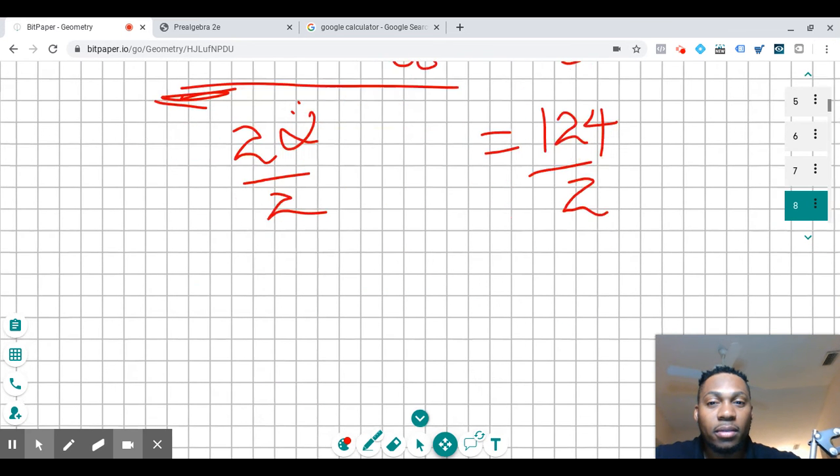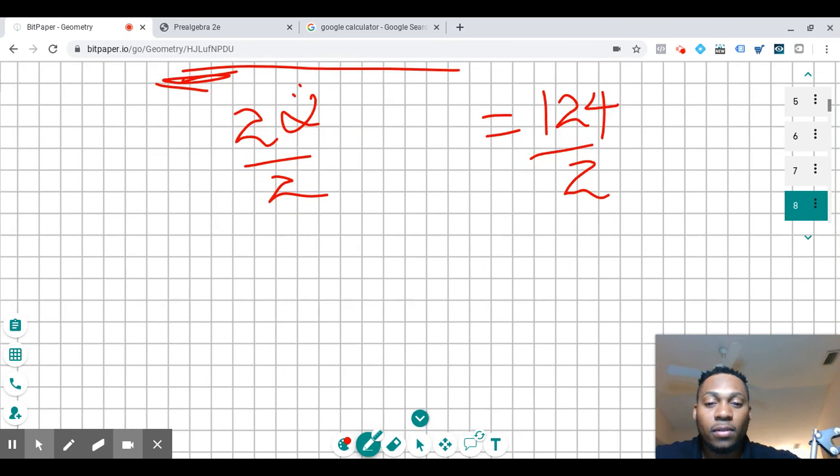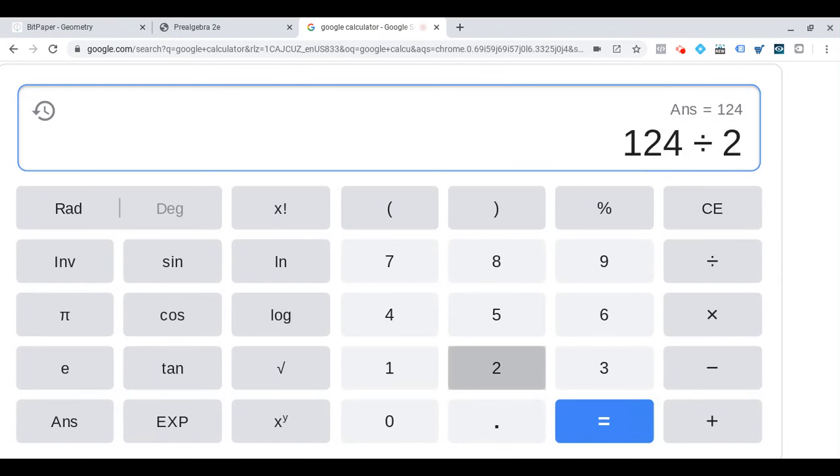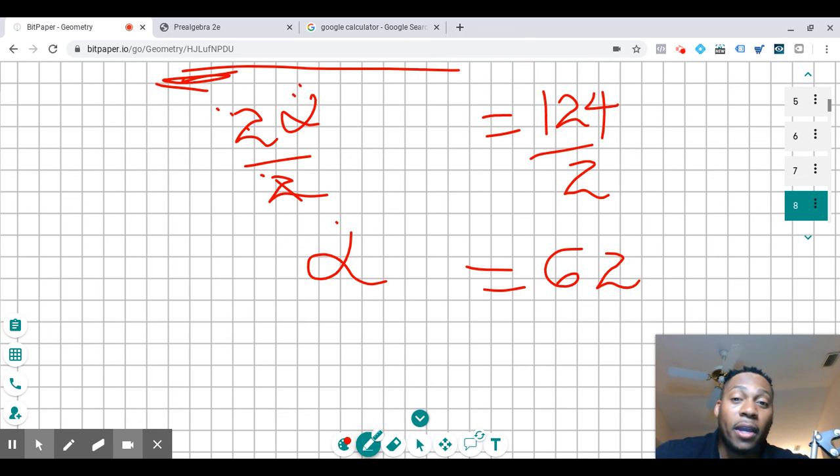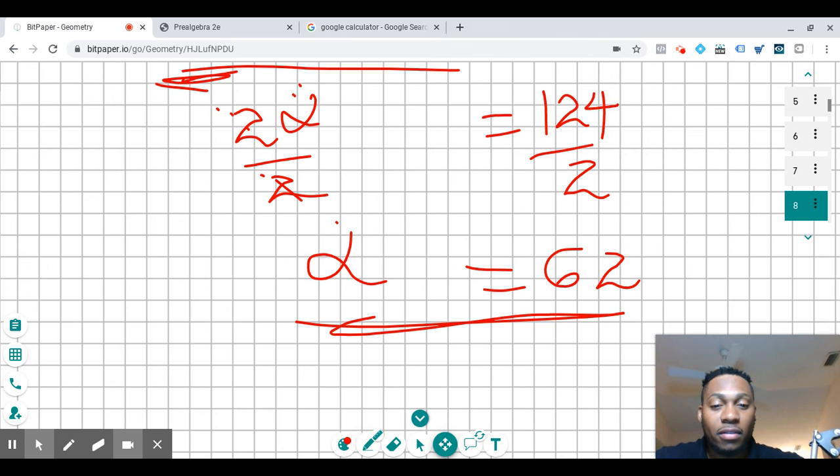So 2 goes away from alpha. 124 divided by 2, put that in the calculator, is equal to 62. Now alpha is equal to 62. Remember what we're solving for: both angles.